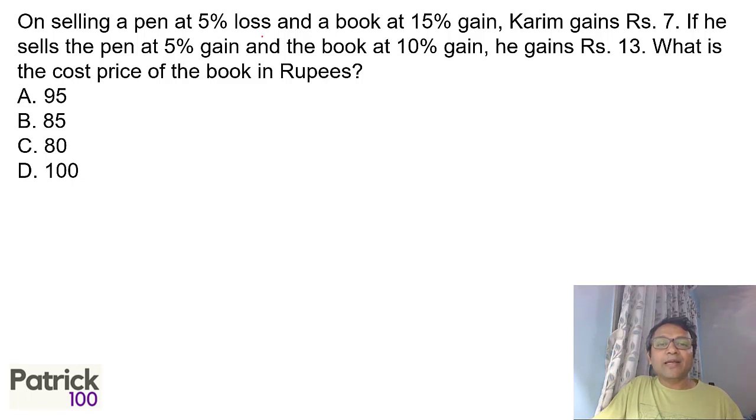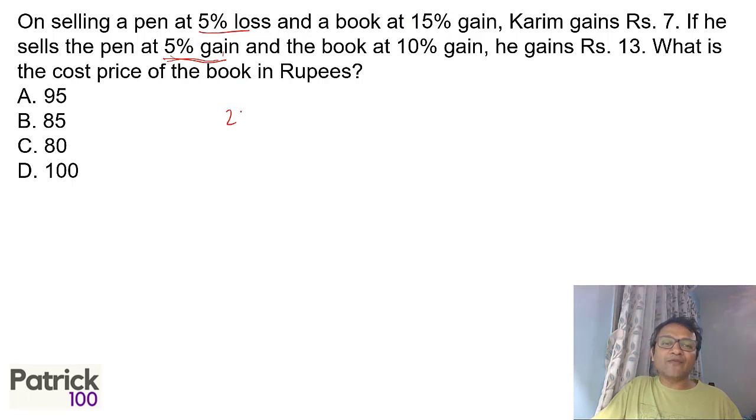On selling a pen at 5% loss and a book at 15% gain, Karim gains ₹7. If he sells a pen at 5% gain and a book at 10% gain, he gains ₹13. If you notice, here is 5% loss for a pen, here is 5% gain for a pen. If you add the two equations, the 5% loss and 5% gain get cancelled.